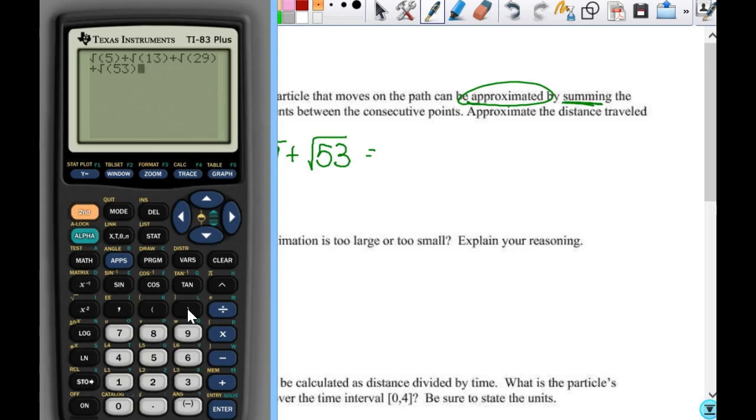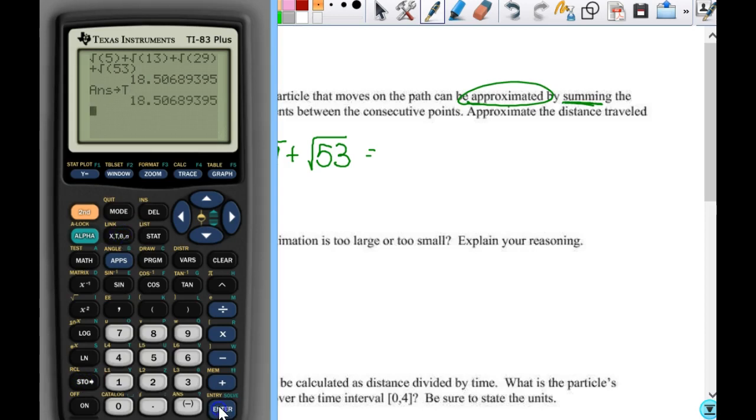Because we're going to take this, we're going to hit enter, bam. That's my approximation. Now, I'm going to need it. Regardless of whether or not I know I need it right now, it's just something I had to type in all that mess for and got a decimal. If I have to use it again, I need that, right? So I might as well just go ahead and store it. I'm going to store it in X, or actually it ends up storing it in T, and that's okay.